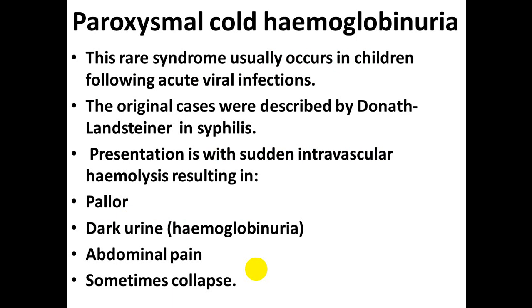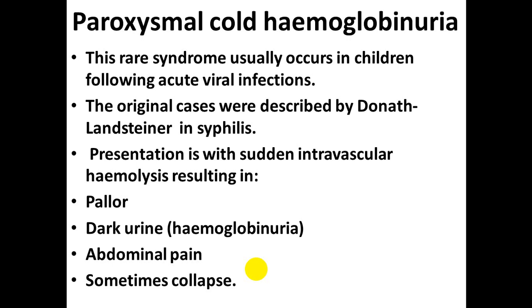Paroxysmal cold hemoglobinuria. This is a rare syndrome, usually occurring in children following acute viral infections. The original cases were described by Donath and Landsteiner in syphilis.